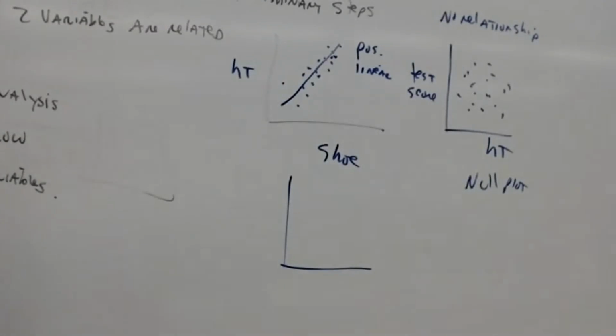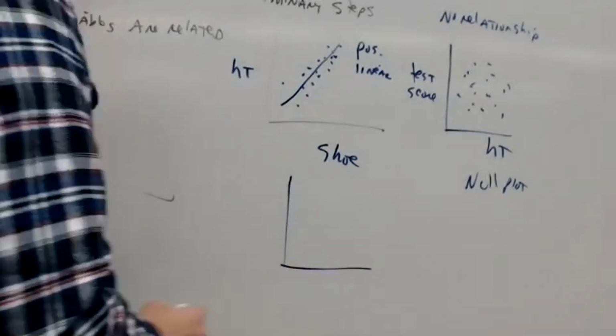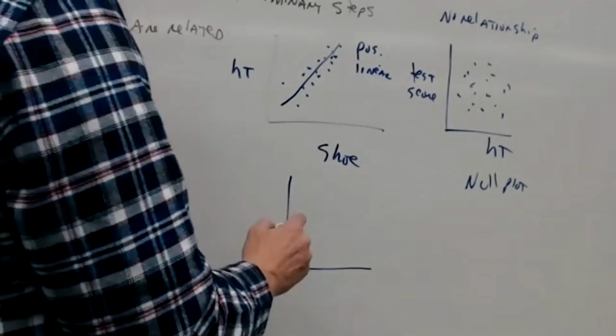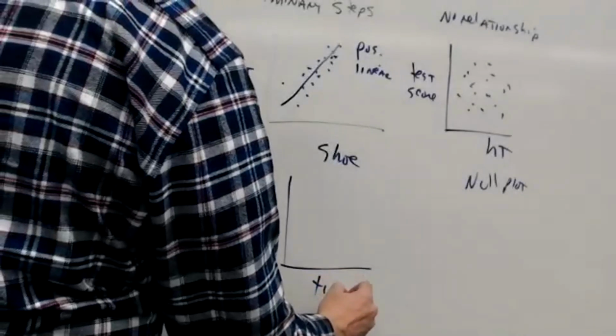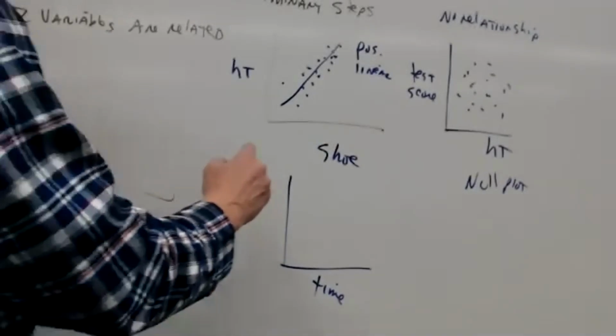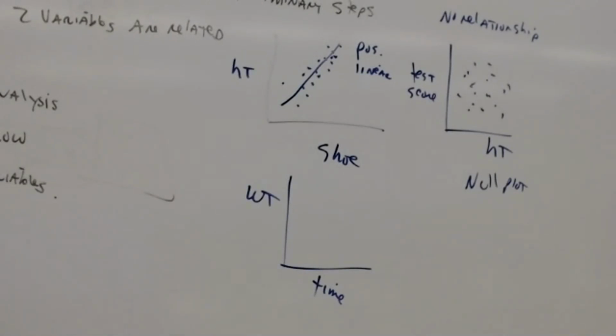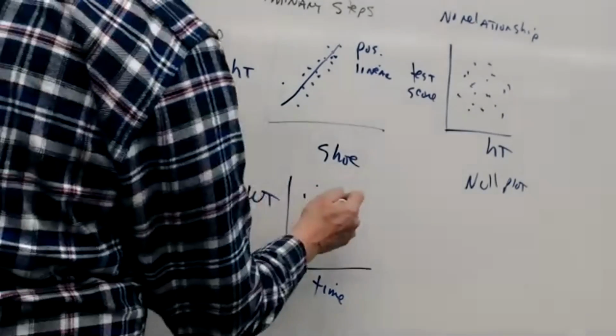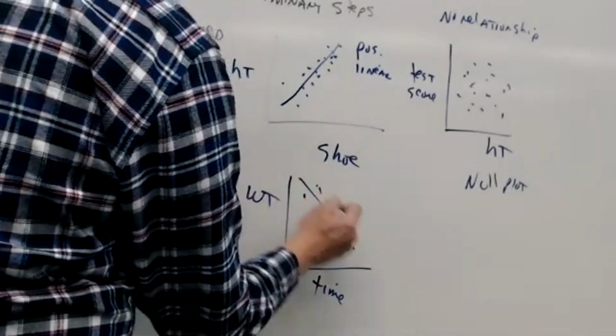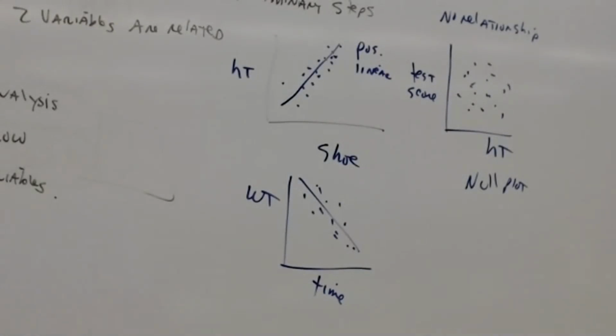Okay, or maybe, we're still on screen here. Maybe if I were to take the time that I spend exercising and my weight, would you think that, as a general rule, people who exercise more would weigh less? Would you think that would be an appropriate thing? Okay, so we might expect maybe some sort of a negative relationship, okay?